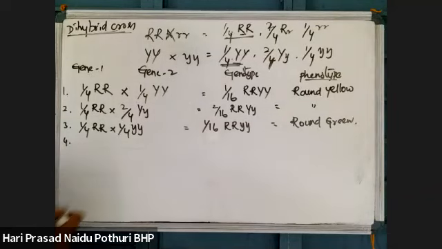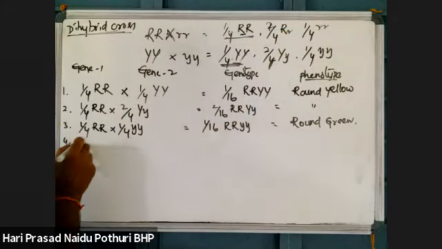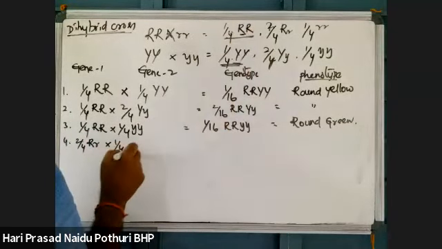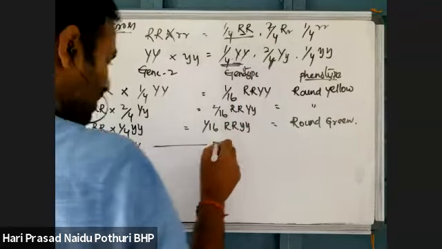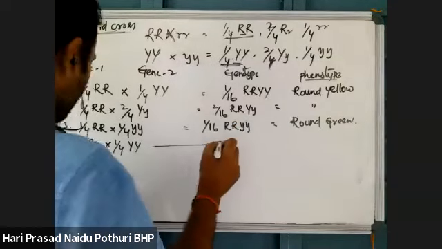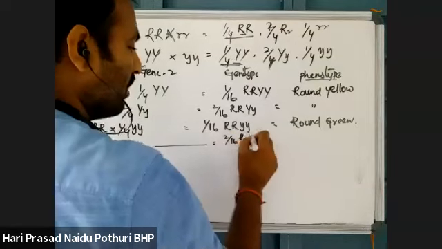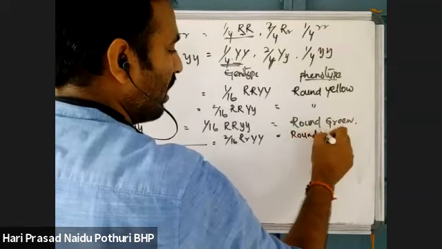And fourth one, capital R small r are possible 2/4. 2/4 capital R, small r versus 1/4 capital Y, capital Y. This will give what? 4 into 4, 16, 2 into 1, 2 by 16. Capital R, small r, capital Y, capital Y. This is round yellow.